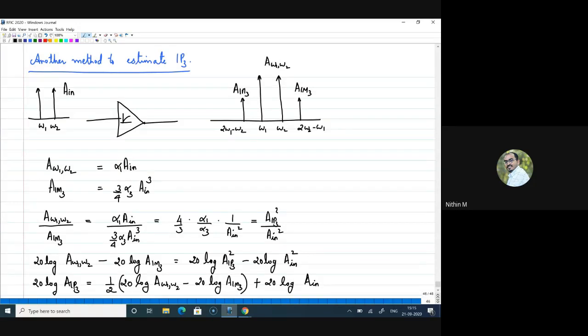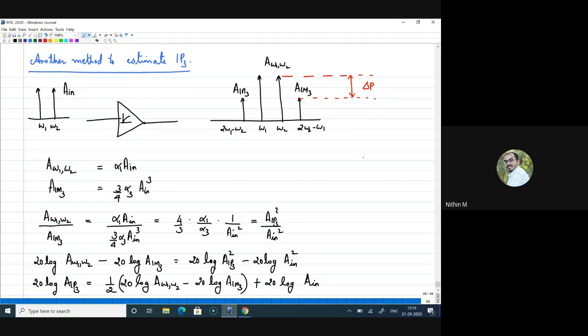Or to make it very clear, I'll do it this way. This is the output signal level of the fundamental component, and this is the IM3 component. If I consider these as two power levels, the difference between them can be written as some power level, say delta P. The same thing you can see here: 20 log A omega 1 omega 2 minus 20 log AIM3.